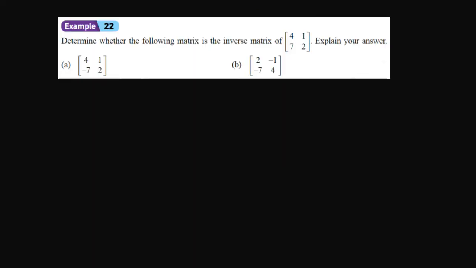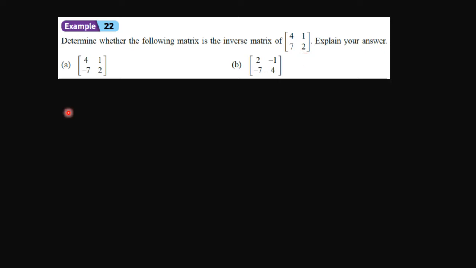Okay, now let's look at example 22. Determine whether the following matrix is the inverse of this matrix. Explain your answer. Do you think this is the inverse of this matrix? How do you know?